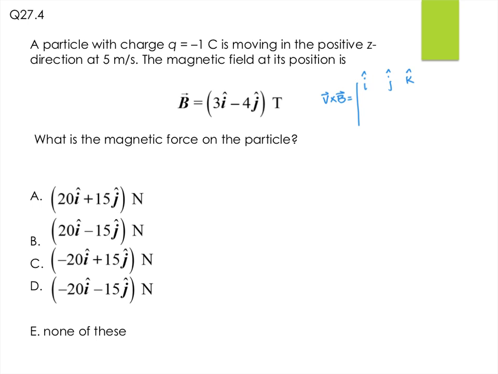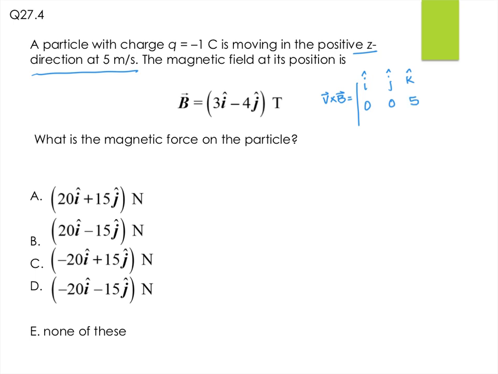My students that had me last semester should be familiar with this. I do a 3 by 3 matrix. The first row is i, j, and k. The next row is the first vector, velocity. Our velocity is in the positive z direction at 5 meters per second. That means it does not have an x or y component. It just has the z component.